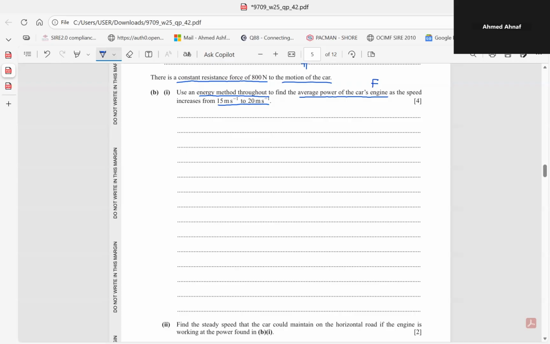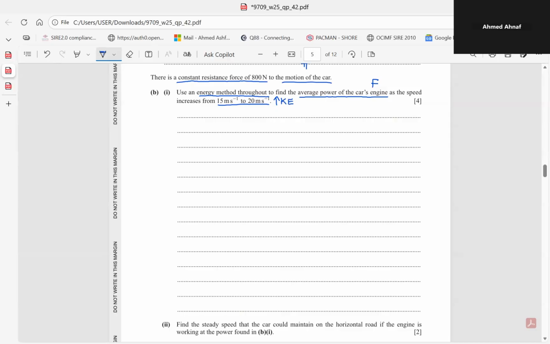To use the energy method, we need to understand what energy is being converted. We can think of this as the kinetic energy. The speed increases, so the KE increases, right?